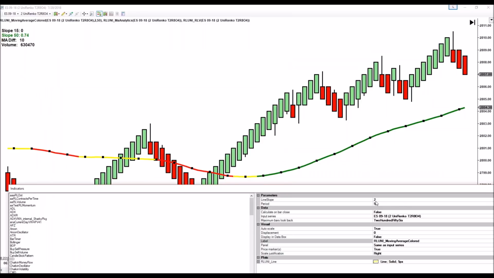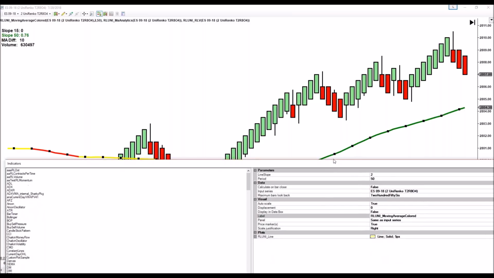Now, if you set it higher, it'll stay yellow longer. But we want that yellow to be very sensitive. You want it to only be yellow when it's really particularly flat. So 2 really is the optimal setting.